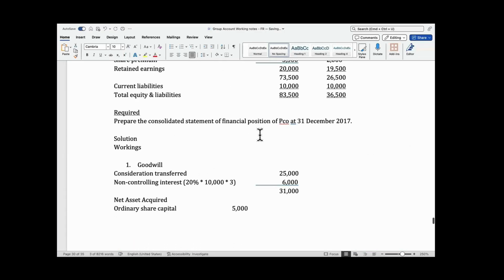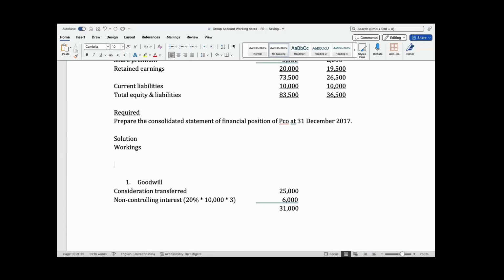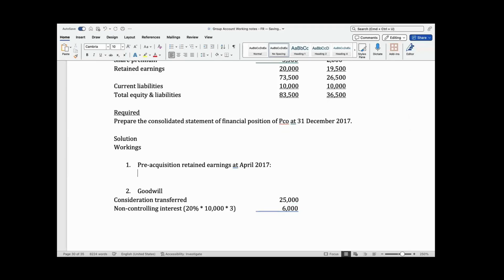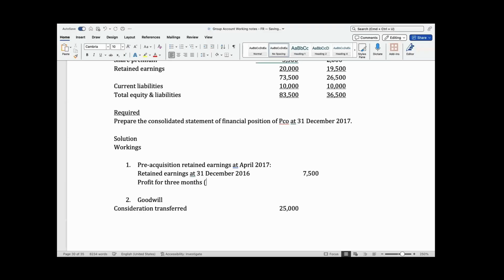So my pre-acquisition retained earnings at April 2017 is the retained earnings at 31st December, which is 7.5, plus the profit for 3 months, which is 3/12 times 12,000.